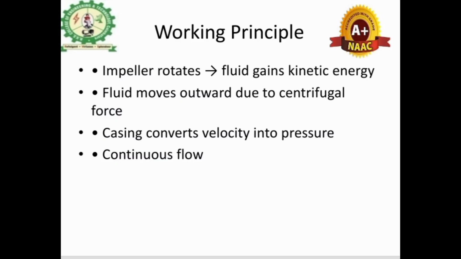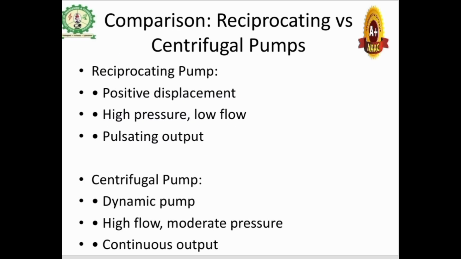And in these kinds of pumps, the flow will be continuous, whereas in reciprocating pumps the flow will be intermittent. So this is the basic working principle of the centrifugal pump. The main principle is that the flow moves outward due to centrifugal force.